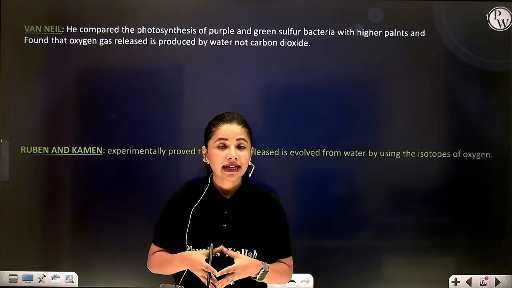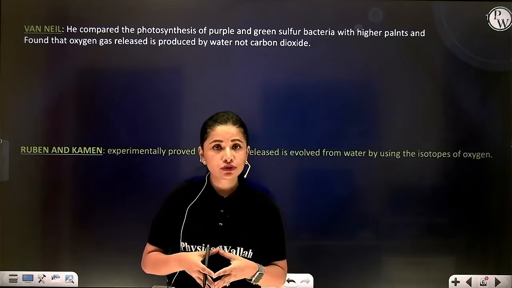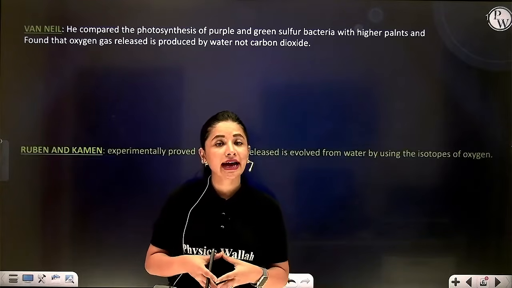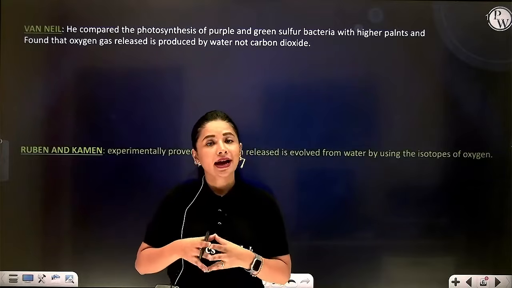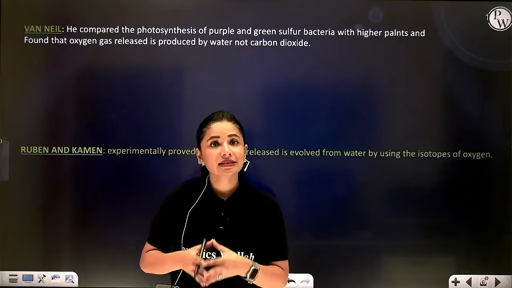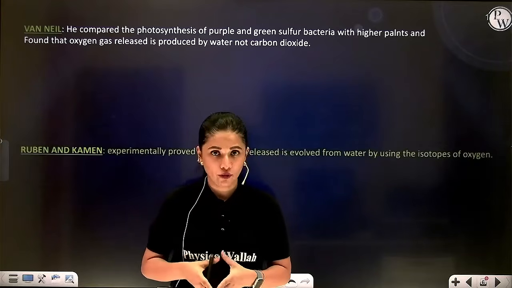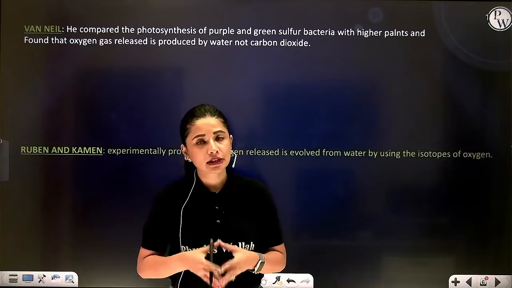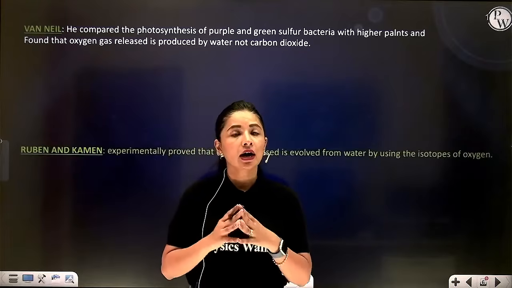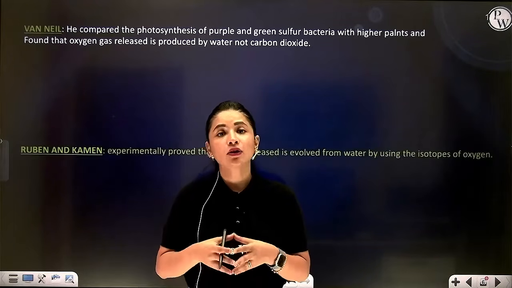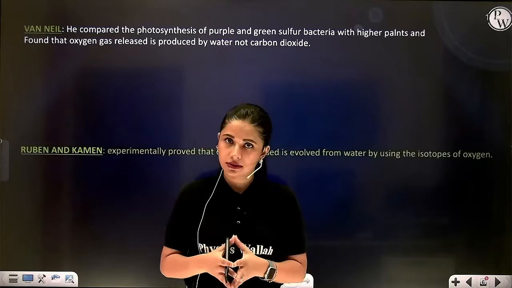That means they can perform photosynthesis by utilizing hydrogen sulfide as a reducing agent. As a result, they release sulfur instead of oxygen. Such photosynthesis performed by photolithoautotrophic bacteria is known as anoxygenic photosynthesis.